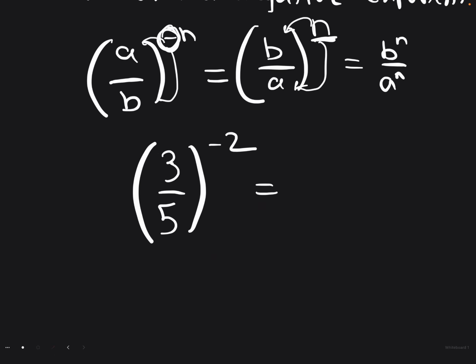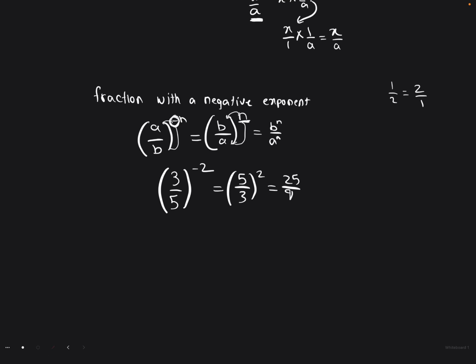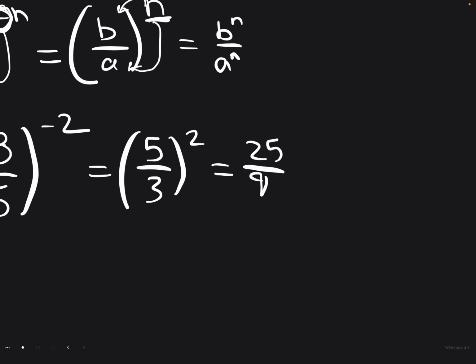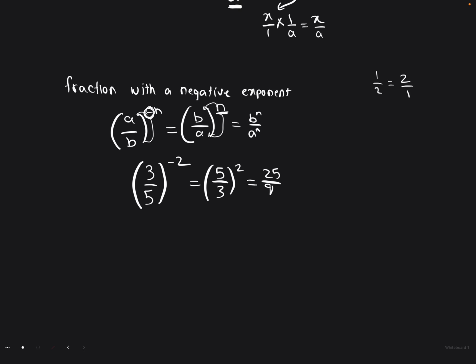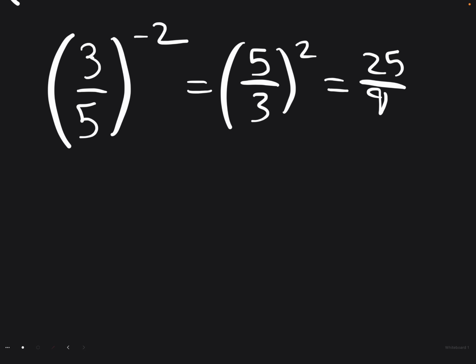Now we're going to equate it. So this becomes 5/3 squared, which also becomes 25/9. And if it's factorable even further, you always want to factor it. But I'm not going to look into factoring it, because this was just an example. But if your answer is factorable, you always want to factor it.